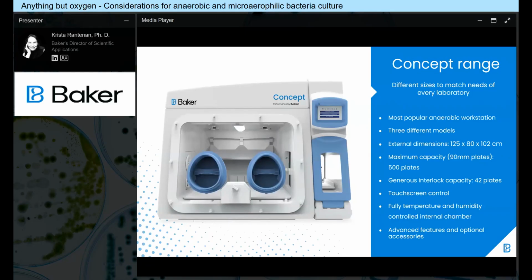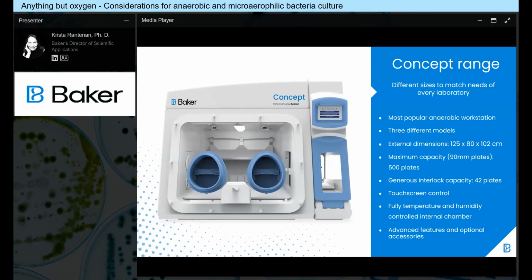Here we have some advanced features. For example, the removable front screen for placing instruments inside that are too big to go through the interlock. We also have internal HEPA filtration to keep the internal environment very clean.